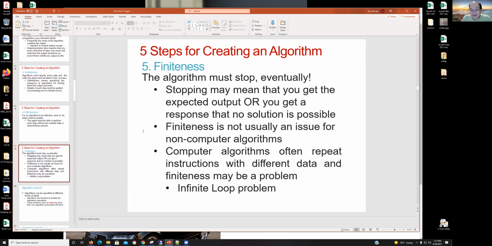And then finiteness, this is what I was saying, where you don't want to get into an infinite loop, essentially, right? So you want to come up with a specific criteria to say this thing is done, right? Let's say, going back to the recipe, you have a cake, nice and fluffy, double layer cake, whatever, right?